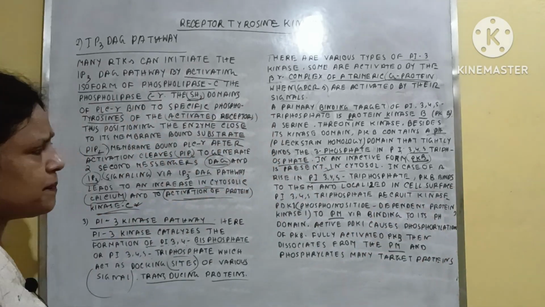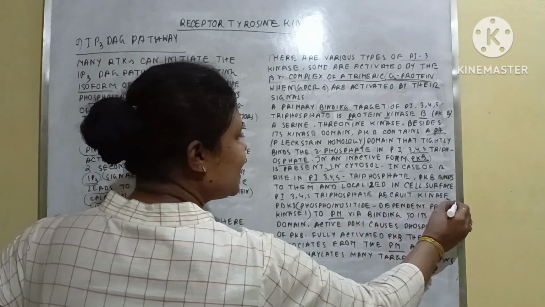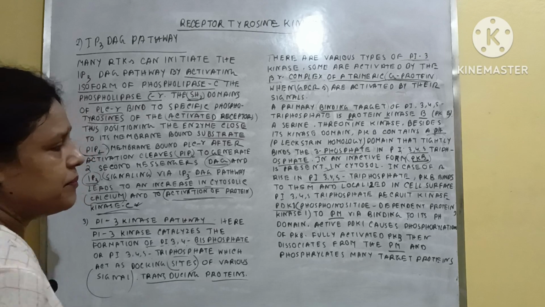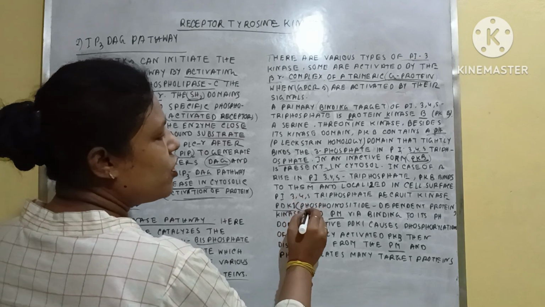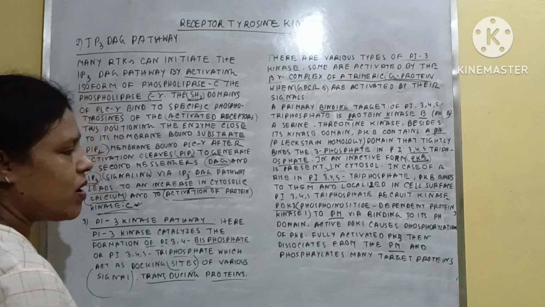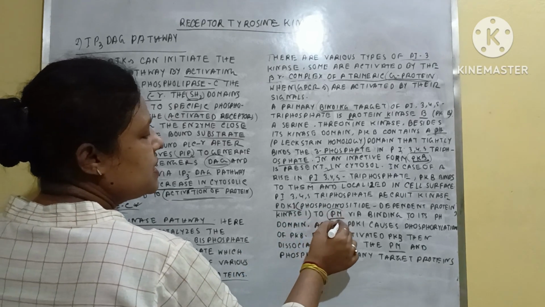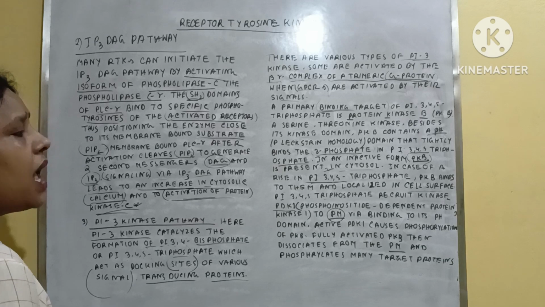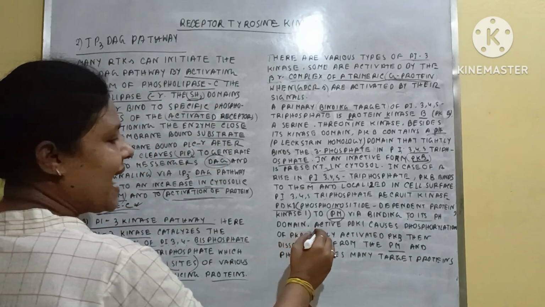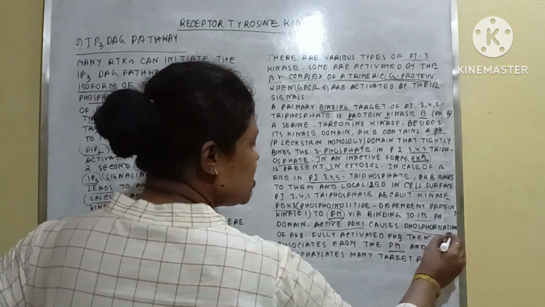Cell surface. PI3,4,5-triphosphate generally recruits another kinase. What is that? This is PDK1. This kinase name is phosphoinositide-dependent protein kinase 1. And this binds to where? This is the plasma membrane. And binding to its PH domain, active PDK1 causes the phosphorylation.